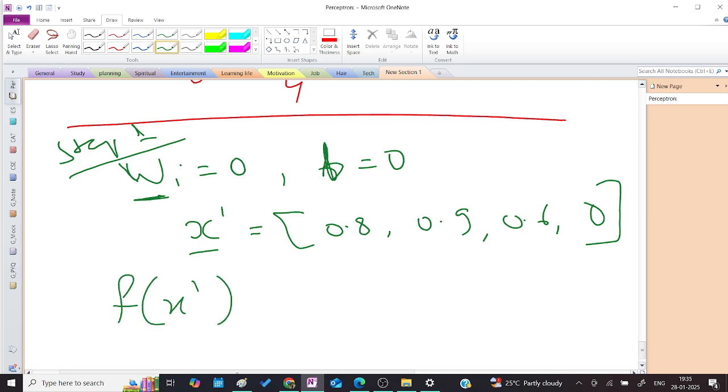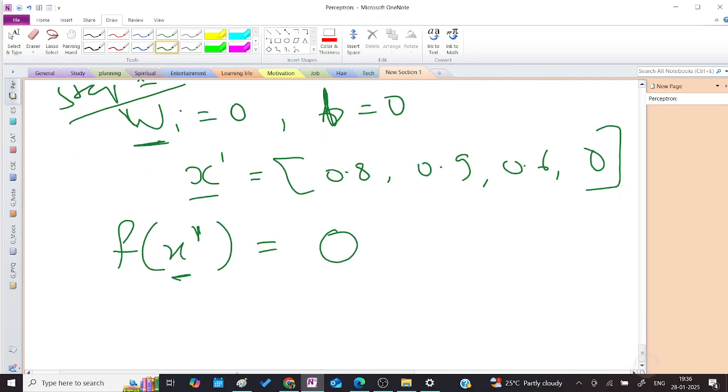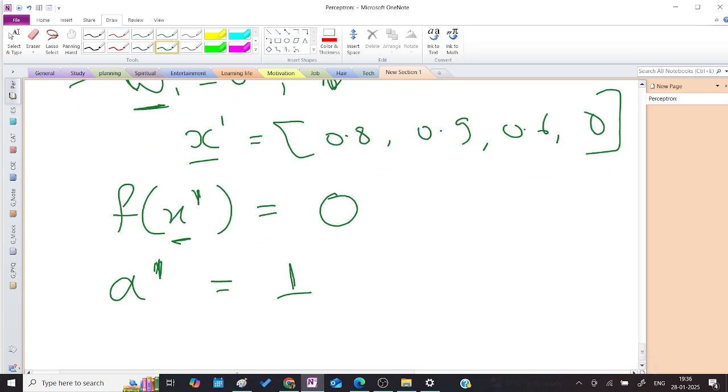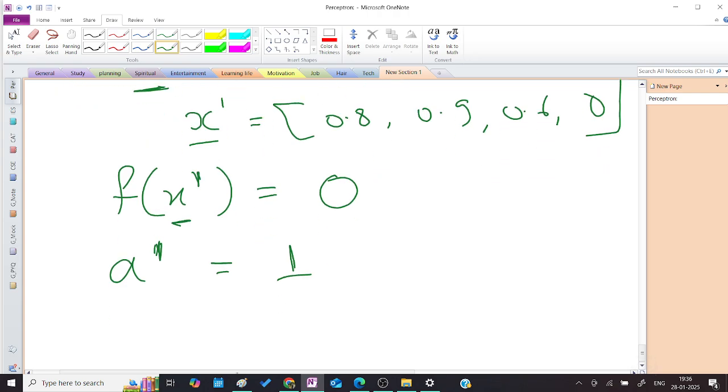We feed this input, and our perceptron gives the output as 0, but in reality the true value was 1. So we need to update the weights.